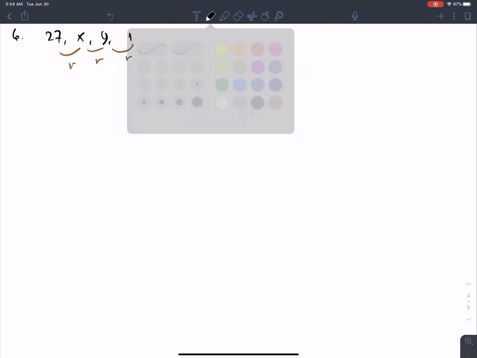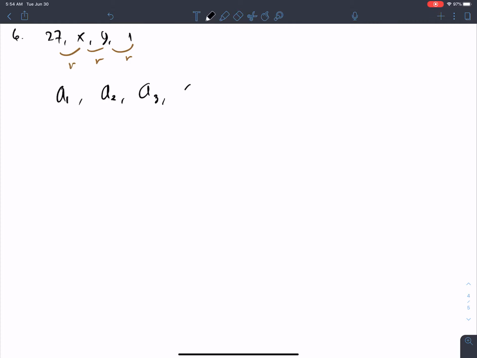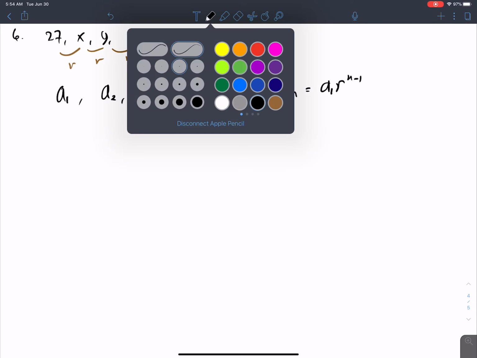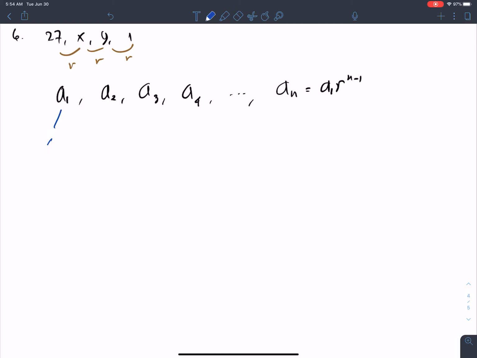We have a1, a2, a3, a4, and so on, where an is a1 times r to the power of n minus 1. So the pattern is a1, then a times r, then a times r squared. The power is the term number minus one, so a4 will be a times r cubed. You should be able to recognize the pattern.